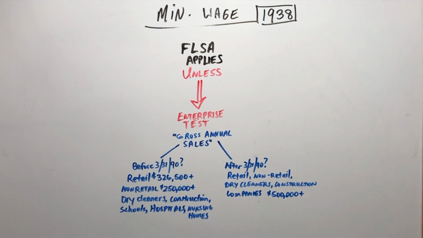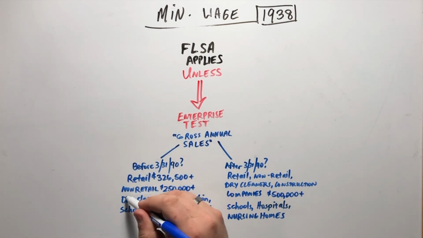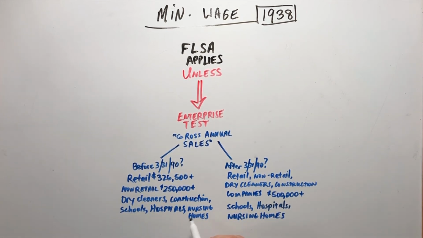If you are a retail, non-retail, dry cleaner, or construction company, and your sales were more than $500,000, the Fair Labor Standards Act applies. And again, like the old rules, if you're a school, hospital, or nursing home, then anything over zero means that the Fair Labor Standards Act applies.